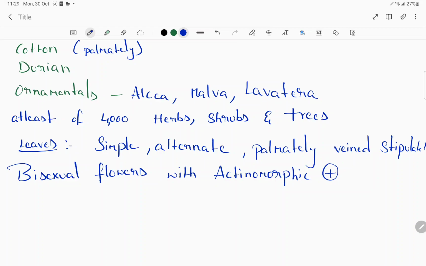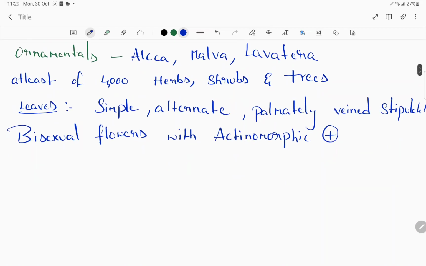The perianth comprises 5 sepals, in the calyx with valvate aestivation.